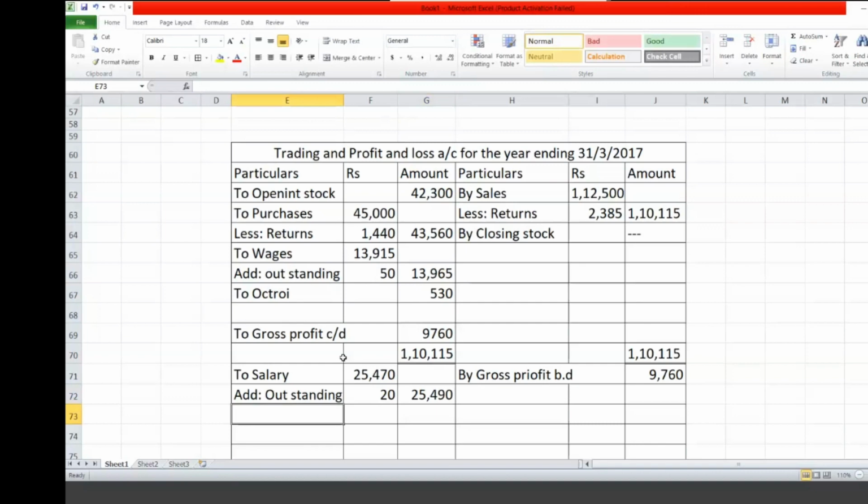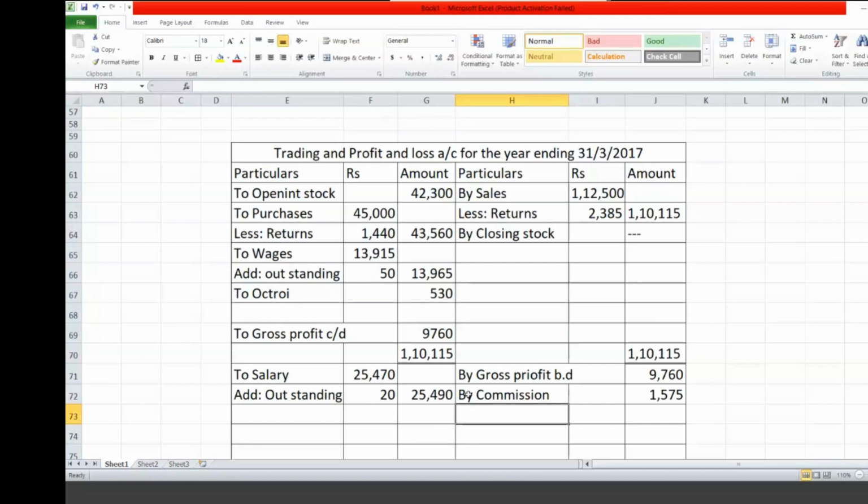Next, what others do we have? Drawings won't come here. Purchase is done. Salary and commission. Commission is there. So commission on the credit side they have shown. So write down by commission. Check it out. Are there any adjustments for commission? I think there are no adjustments given. So write down directly 1,575. Next, after commission, wages done, plant and machinery, furniture, opening stock, insurance premium 2,700.